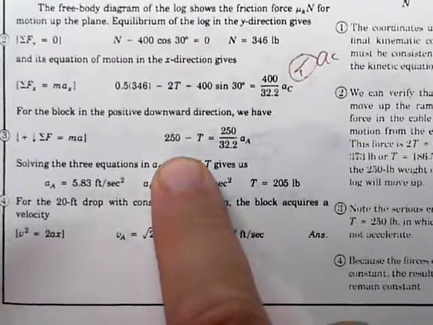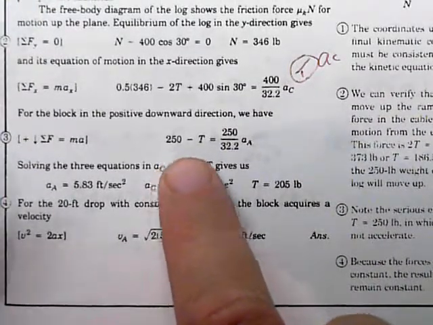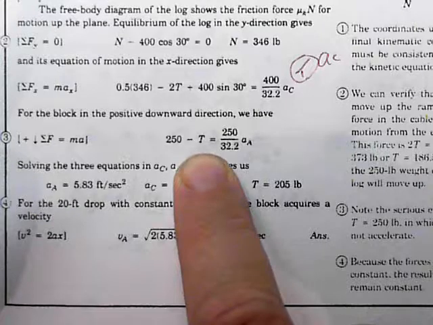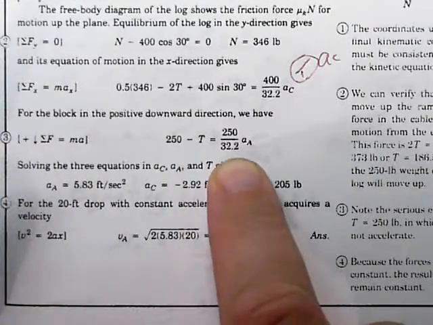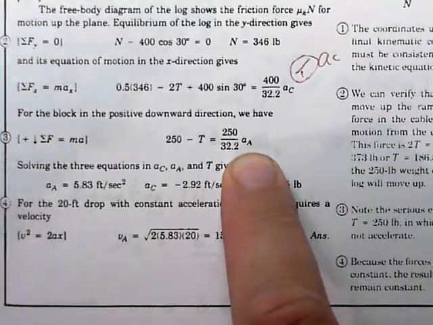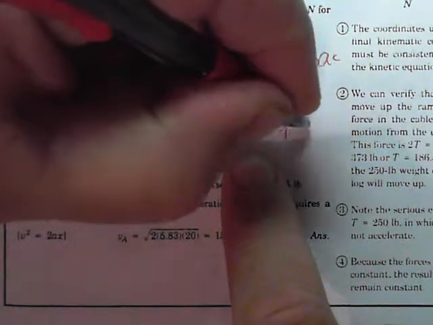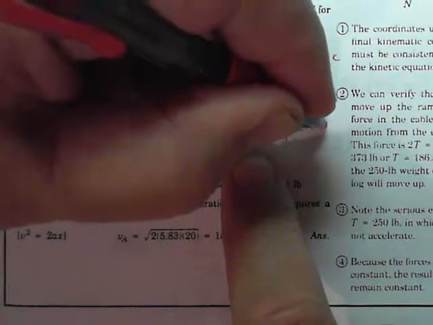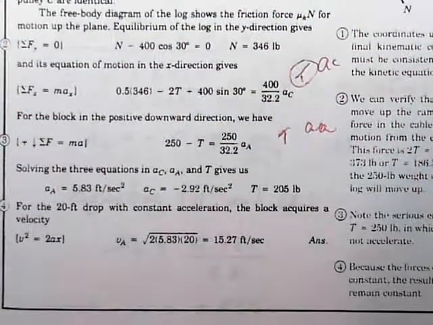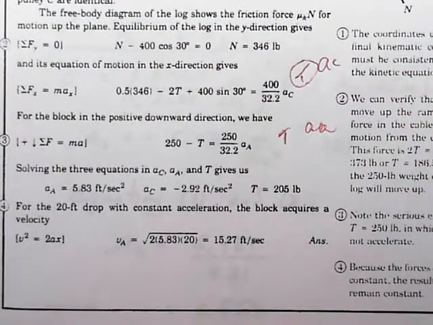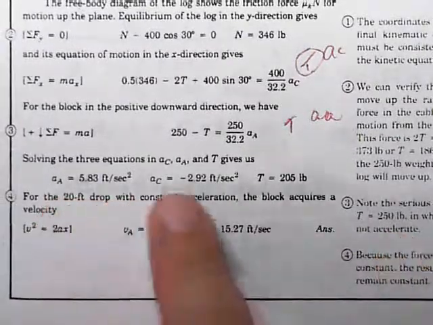And so we have the weight force acting downward, that's positive. We have the tension force acting upward, that would be a negative. And then the mass is 250 over 32.2 times the acceleration of A. Tension and acceleration of A are the unknowns in this one, but they're not new. We now have 3 equations, 3 unknowns.